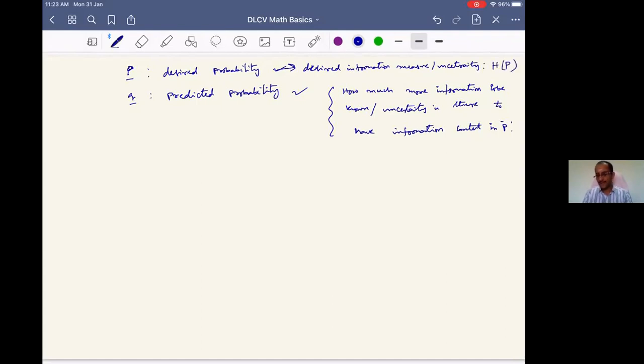H of P, or the entropy of P, will give us the uncertainty in the PDF represented by P, or the measure of desired information in P. But if we already know the predicted probability, how much more should we know to get the information? That can be defined through KL-Divergence.